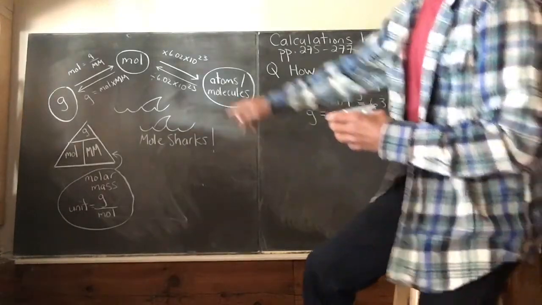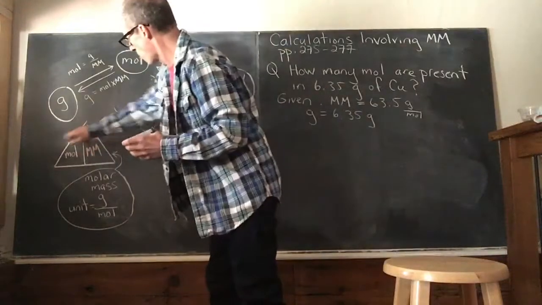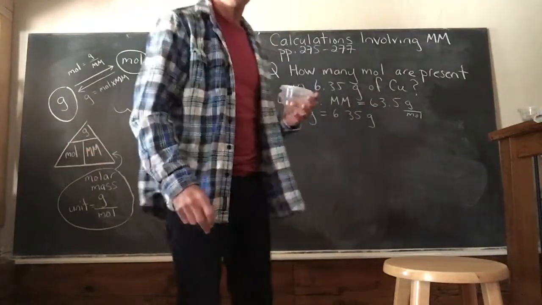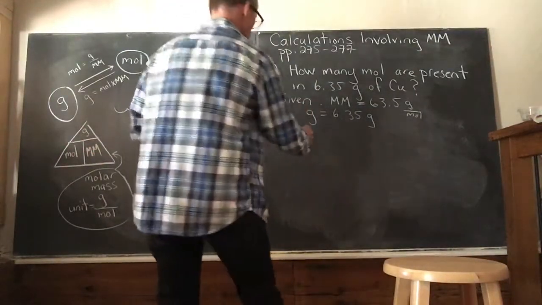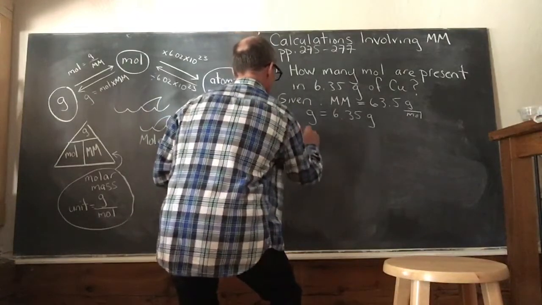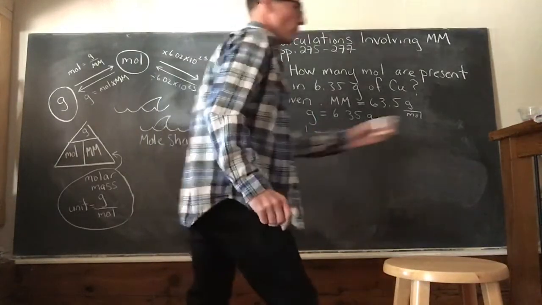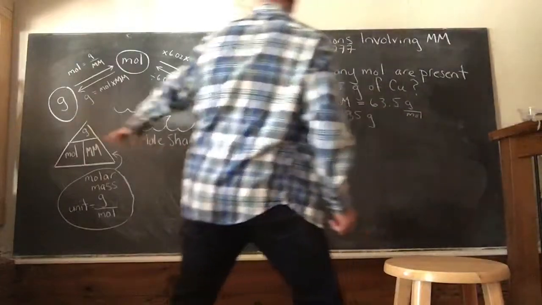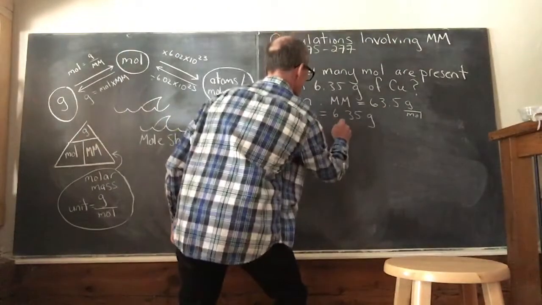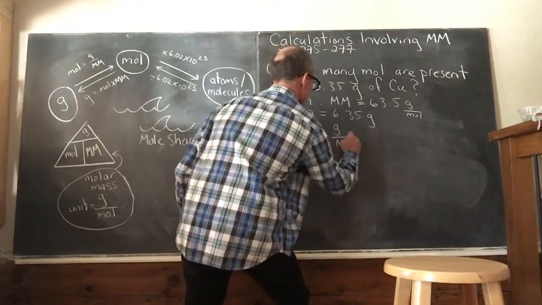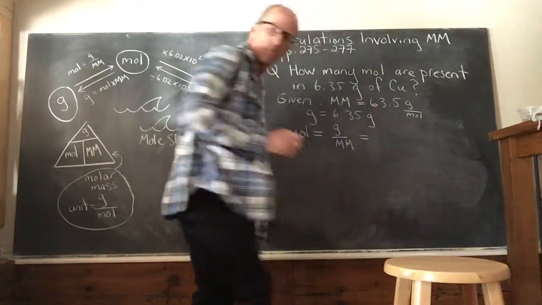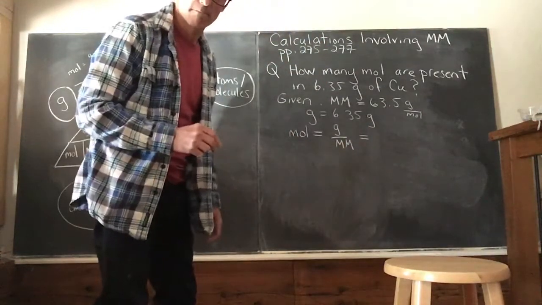And so we're going to use the mole triangle over here in order to determine our moles. Simply enough. So if you look at our triangle, you can see that moles is equal to grams divided by molar mass. Makes a lot of sense, right?